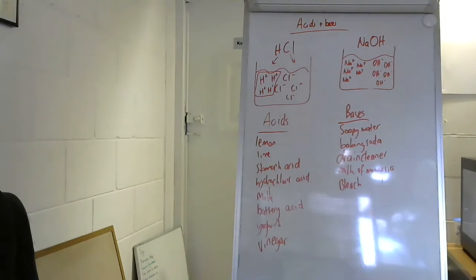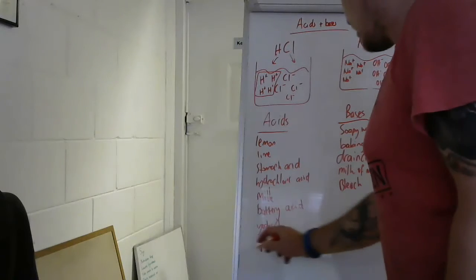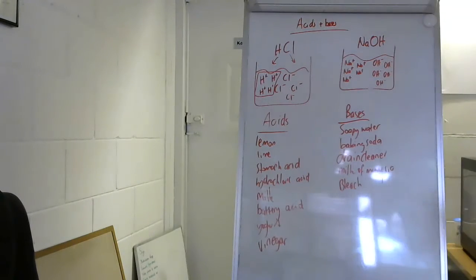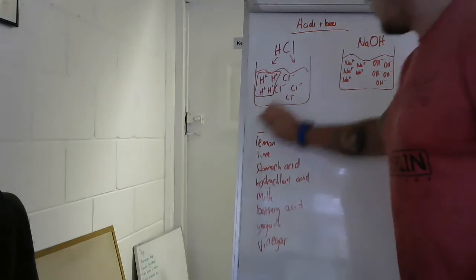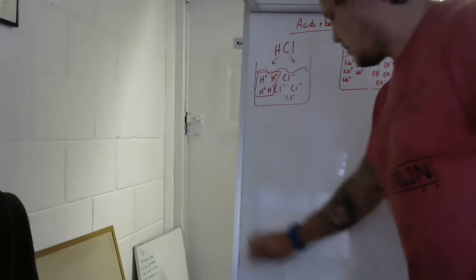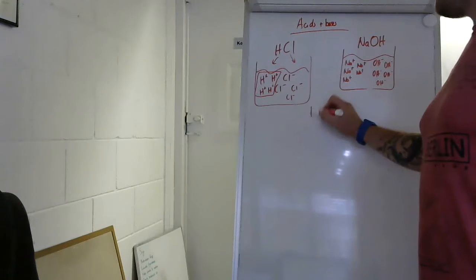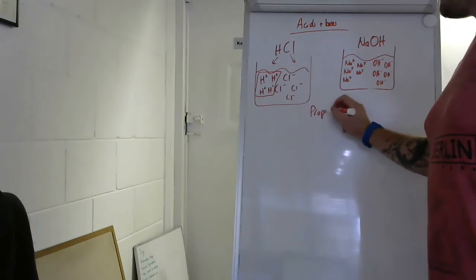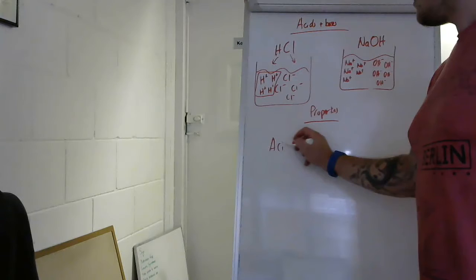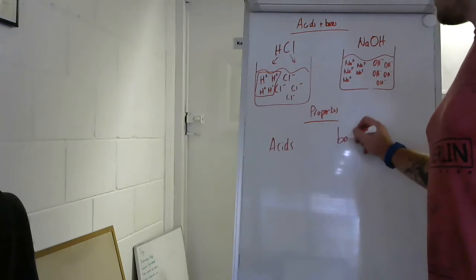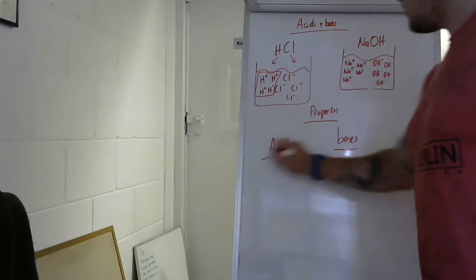Okay, so now we've got some examples and we know roughly what they are. What are some of the properties of acids and bases? Again, take 2 minutes.